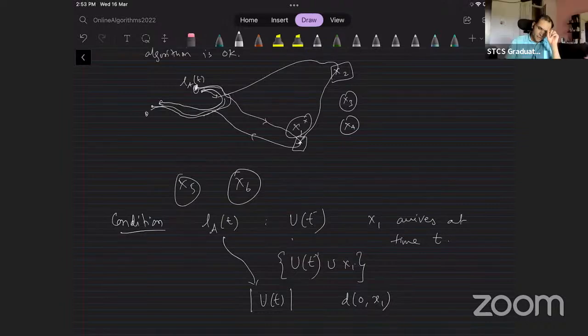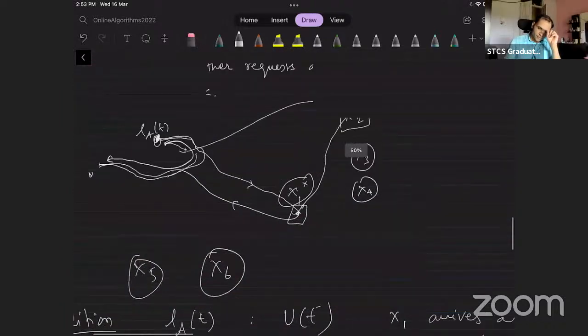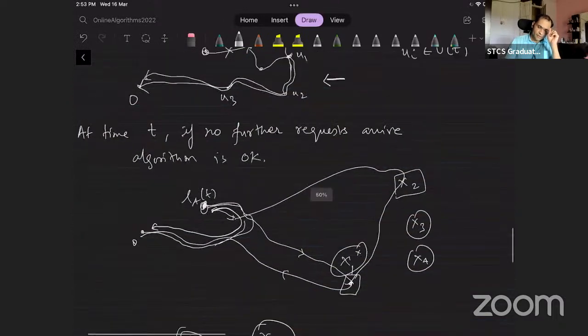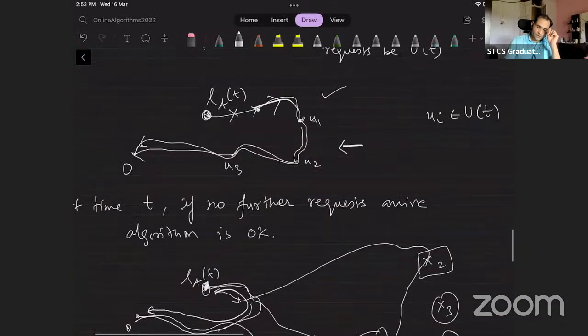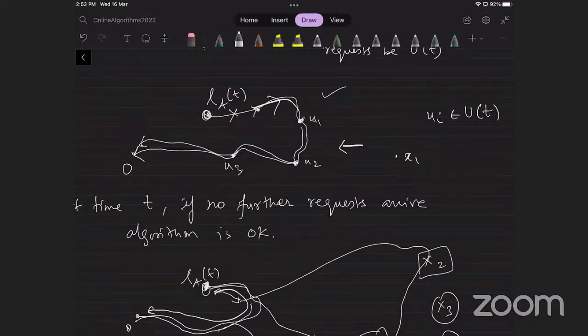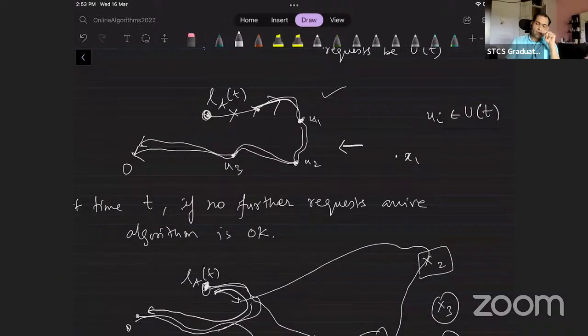So this is my current location. Here, let's say this is my current location, and u1, u2, and u3 are yet to be visited. Now tell me for this example, what should I do? And a new point x1 arrives. Just tell me for this example. These are locations: lat is a location, u1 is a location, u2 is a location, u3 is a location.